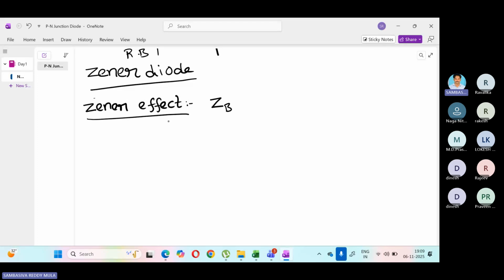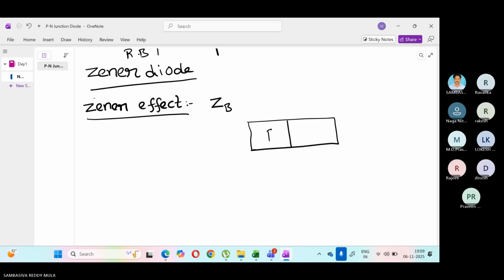So first, let us define the Zener effect, how this will happen in the Zener diode. The Zener diode is made up of a heavily doped PN junction diode, heavily doped PN junction. Heavy doping means, we know, a large amount of free electrons are present in the N region as well as in the P region.